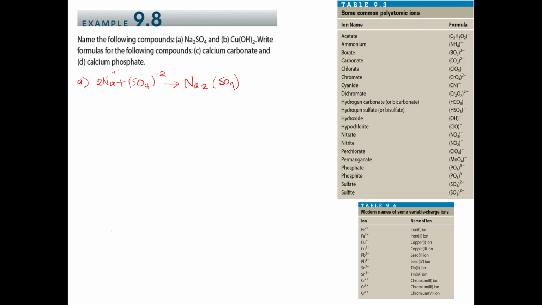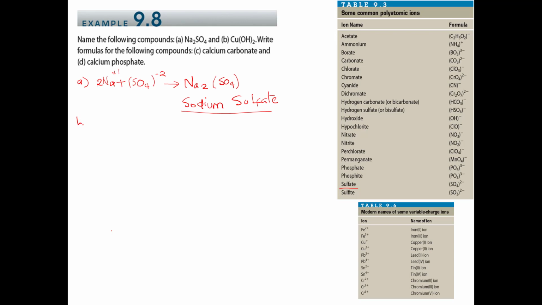Then the name in this case will be the name of the metal, which is sodium, and then the name of the polyatomic ion, which is sulfate. And this is the answer.